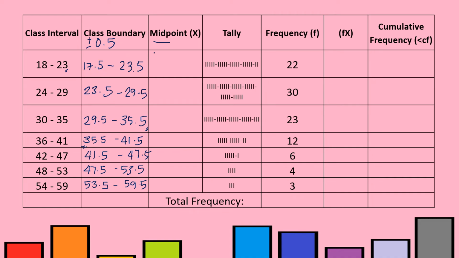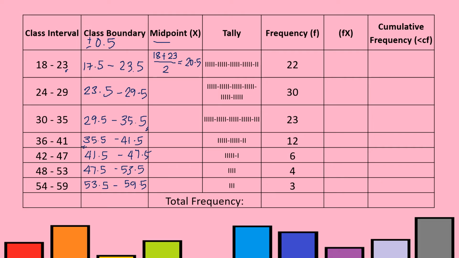So 18 plus 23, and then divide it by 2. The answer is 20.5. So this is the midpoint of 18 to 23.